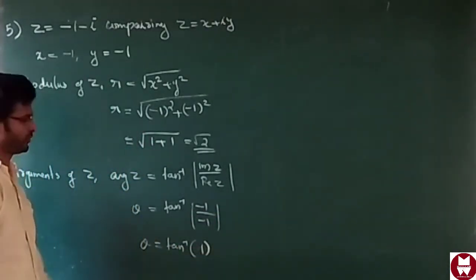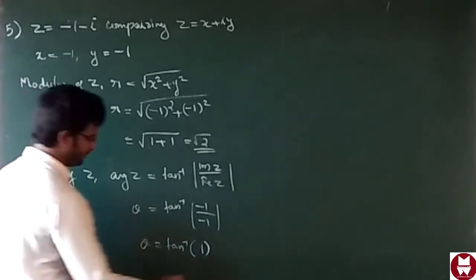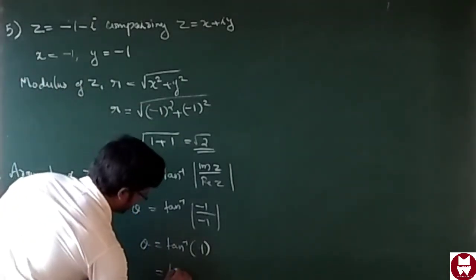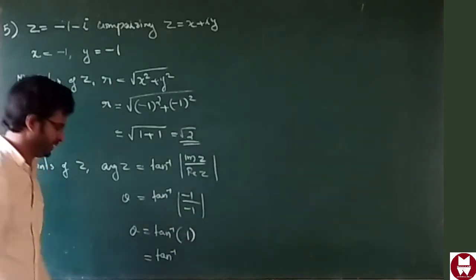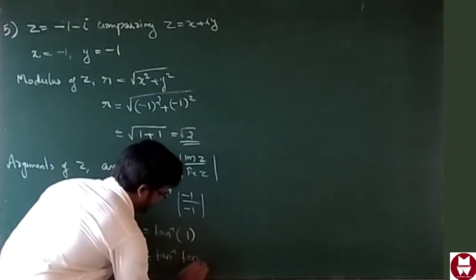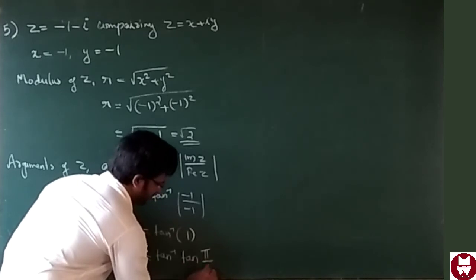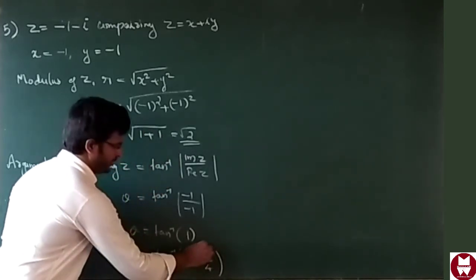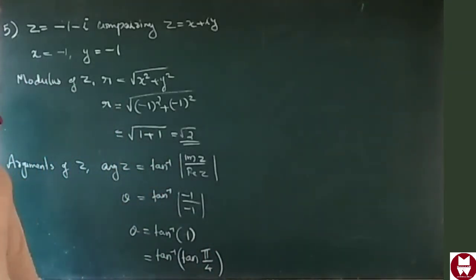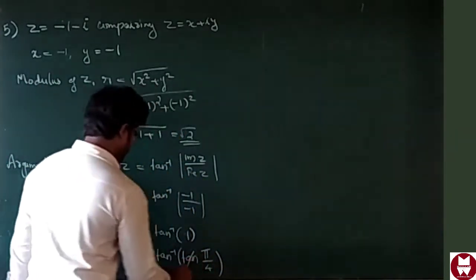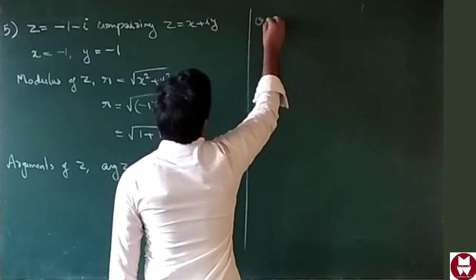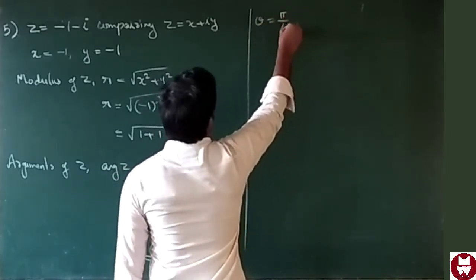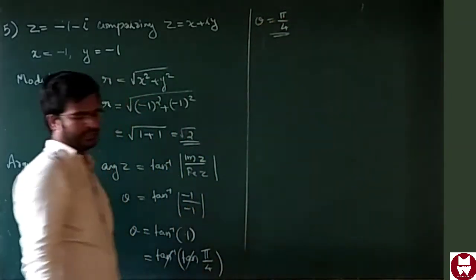When you take the modulus also, you will get positive 1. Tan inverse: when tan is 1, that is tan 45. We can write 45 as pi by 4. Pi means 180, 180 divided by 4, you will get 45. Just cut it, then you will get theta equal to pi by 4. We got theta equal to pi by 4.